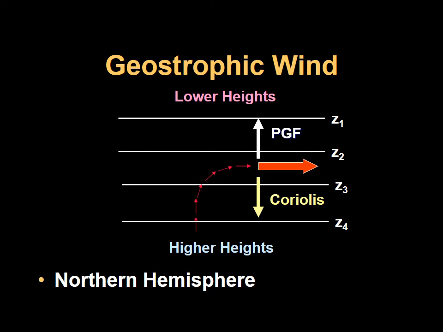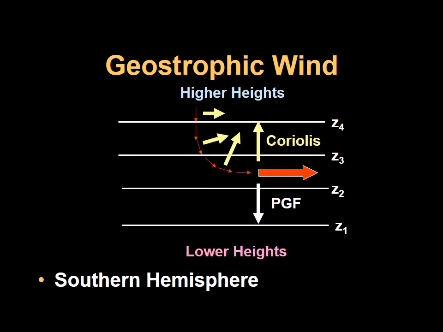So you can see that Coriolis turns the wind to the right until Coriolis finally balances pressure gradient and it's moving straight parallel to the contours. This also happens in the southern hemisphere, but remember, in the southern hemisphere, the Coriolis force turns the wind to the left.